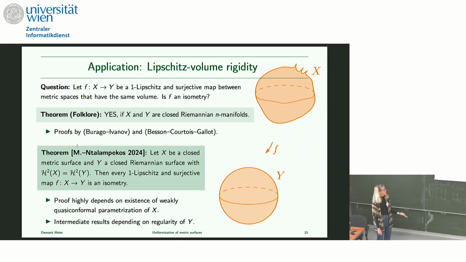This very much depends on having a nice parametrization, because when one wants to work with these things, one needs to differentiate, which is not so easy in metric spaces. But if you have a nice parametrization, you can differentiate your parametrization and the composition, and you get some additional properties of your mapping. Okay, I think this is all I wanted to say.